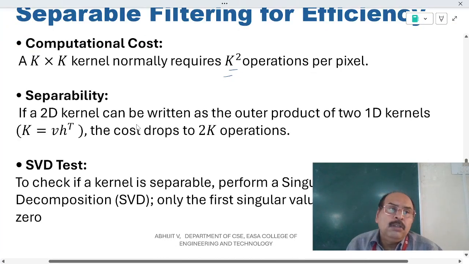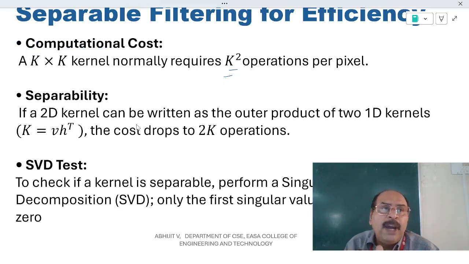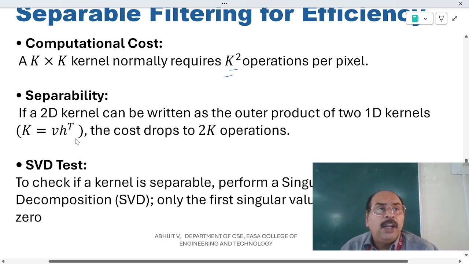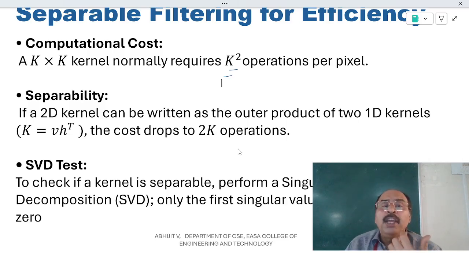You know that a matrix with a k cross k kernel will require k square operations, which is computationally complex. Let us consider this vertical V and horizontal T. So here we have done separability, or we are making separate filters to reduce the computational complexity, making the work parallel.